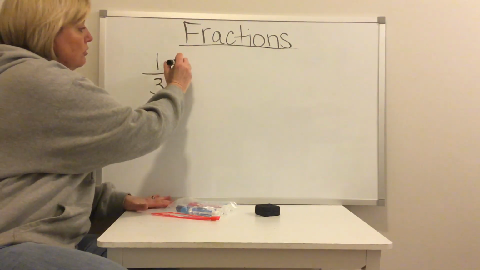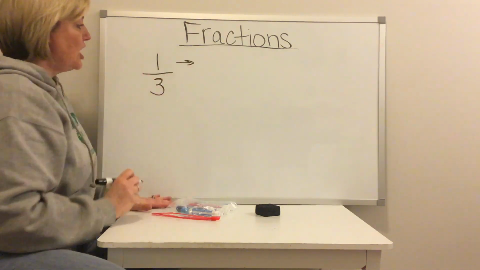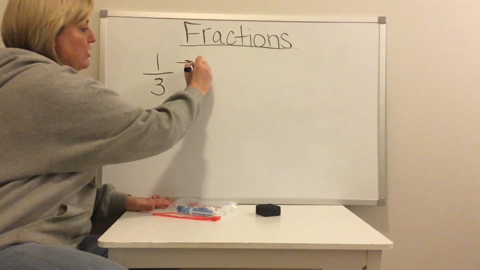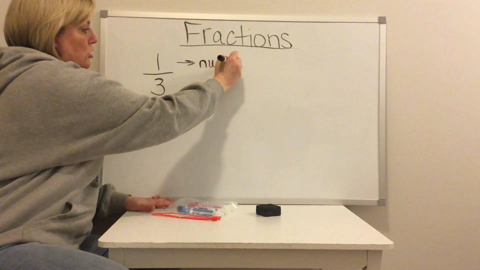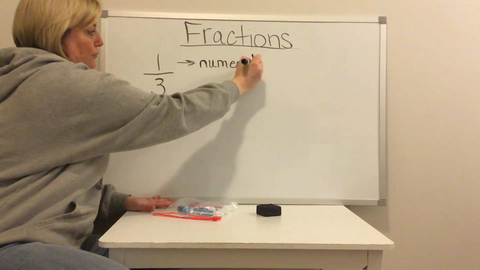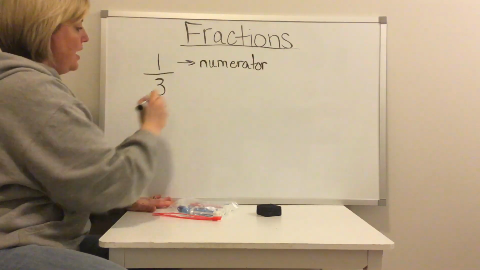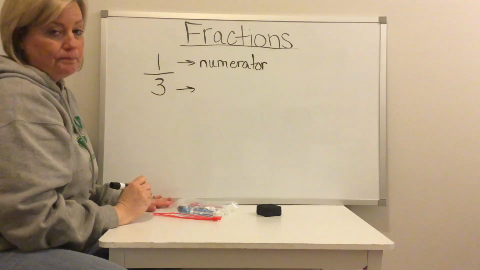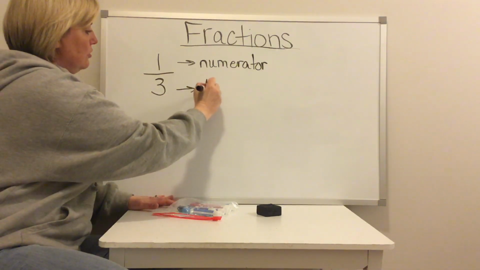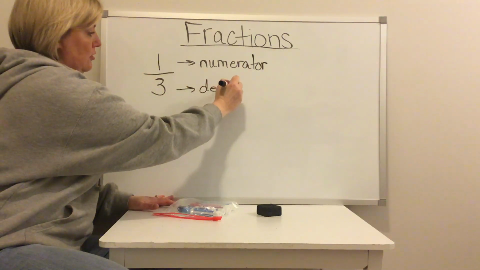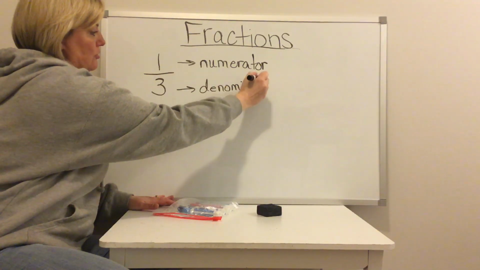The number at the top is called the numerator. And the number at the bottom is called the denominator.